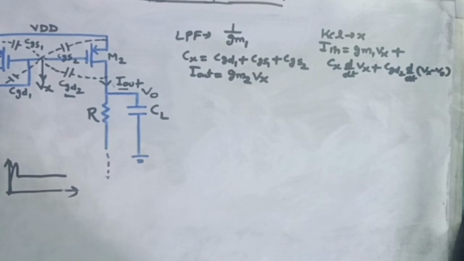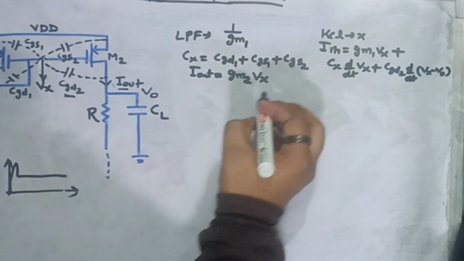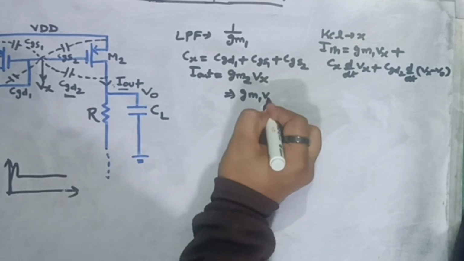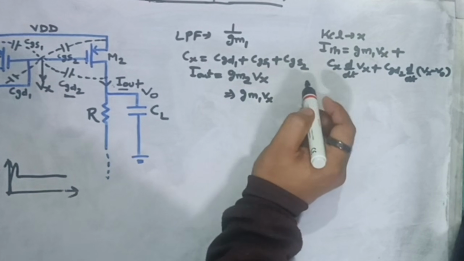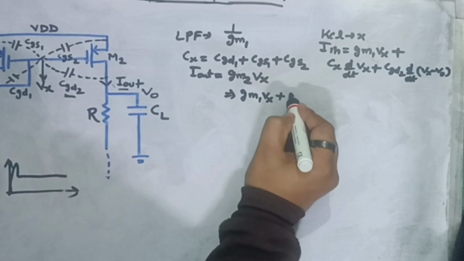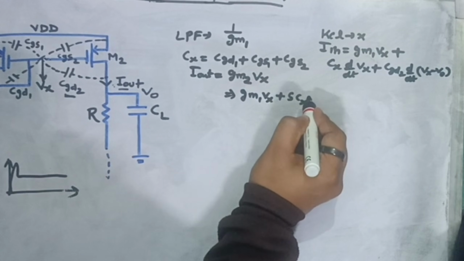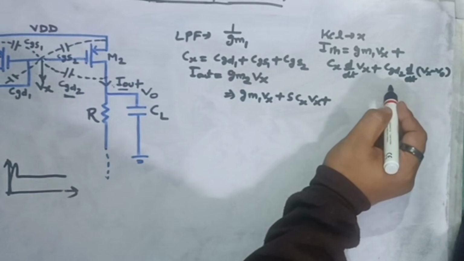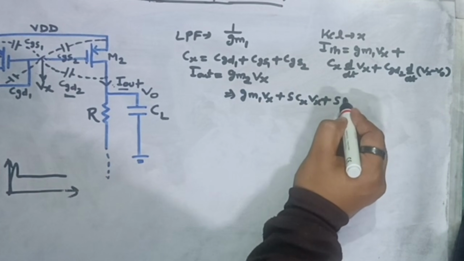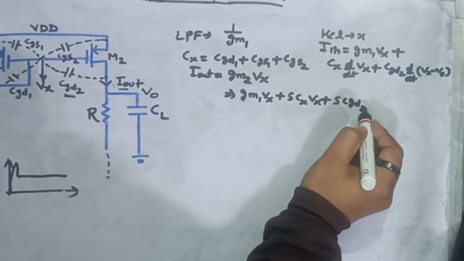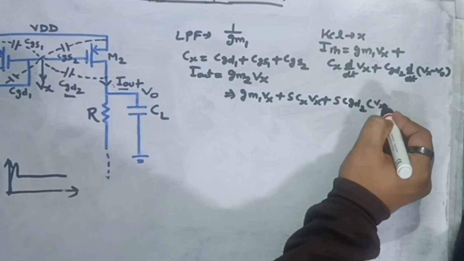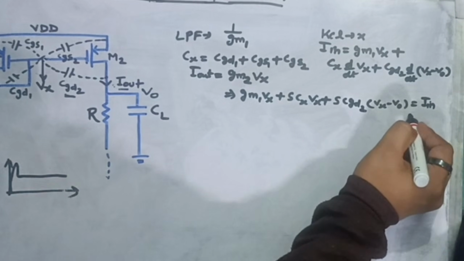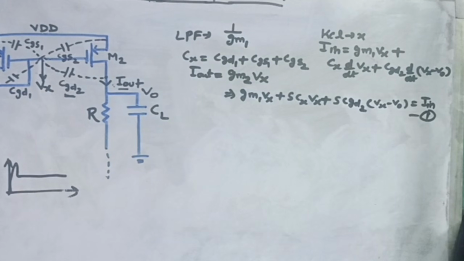In Laplace form, I will write it as gm1 into Vx, plus, since d/dt can be replaced by s in Laplace, s Cx into Vx, plus s CGD2 into (Vx minus Vout), equal to I in. Let's call this equation 1.